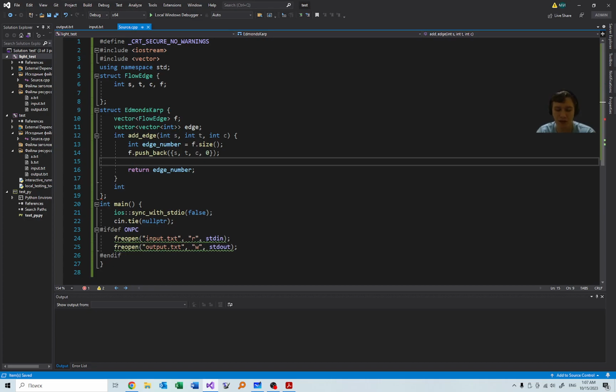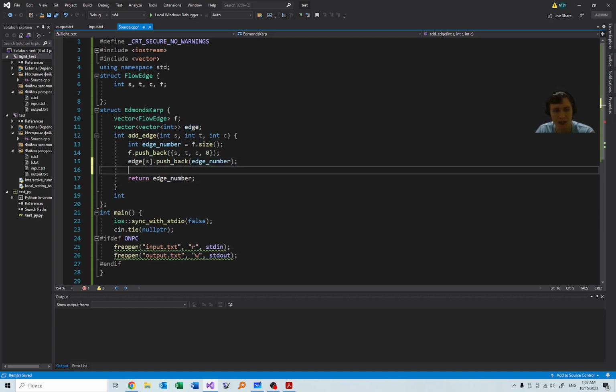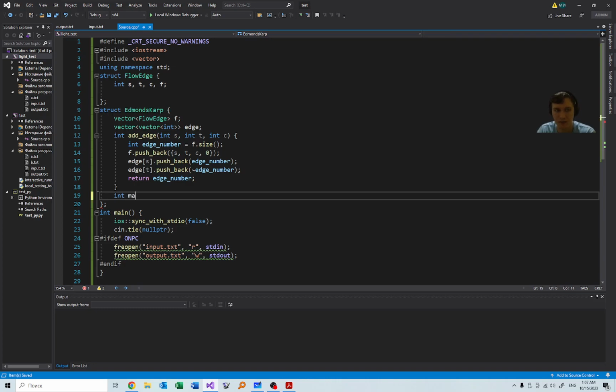So if the edge went in the right direction, I say edges dot push back the edge number. And if the other direction, then minus this edge number. So this will be a negative number, and this is how we will understand that the edge went in the other direction. So int max flow.